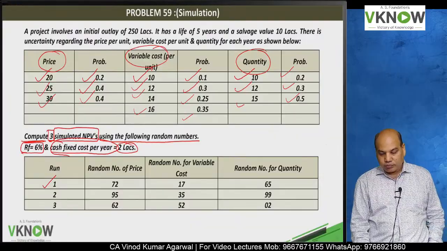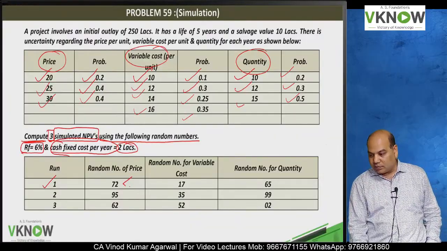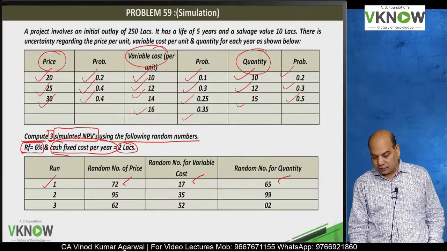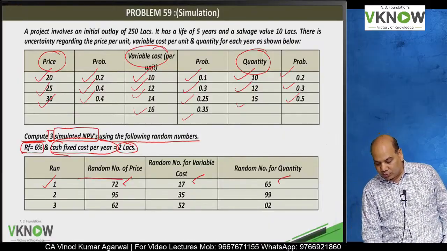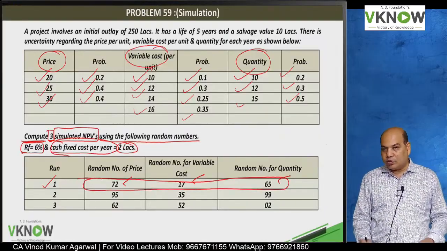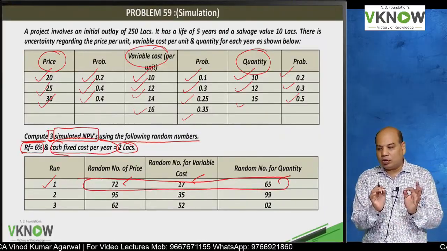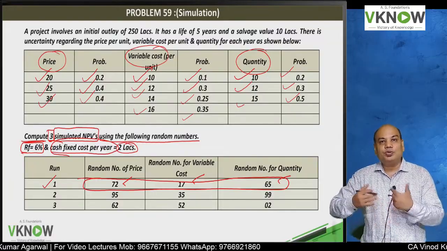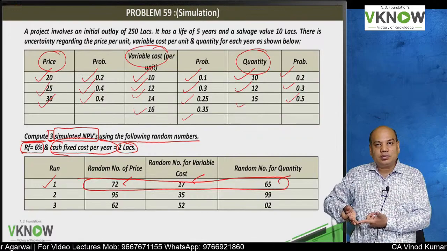First run, random number for selling price 72, variable cost 17 and for quantity 65. That means for these random numbers, first we will have to find out what the price, the cost and the quantity will be, and compute NPV based on that.